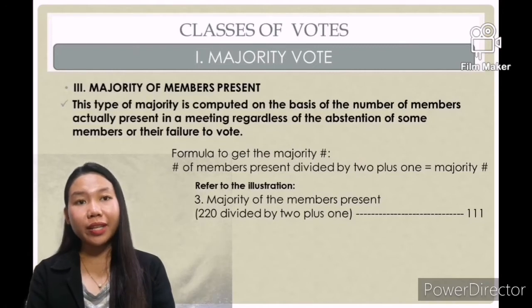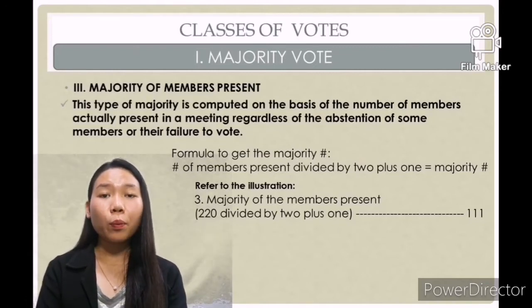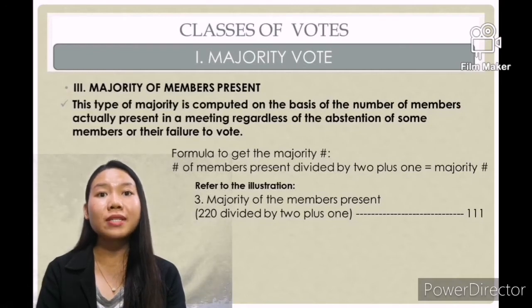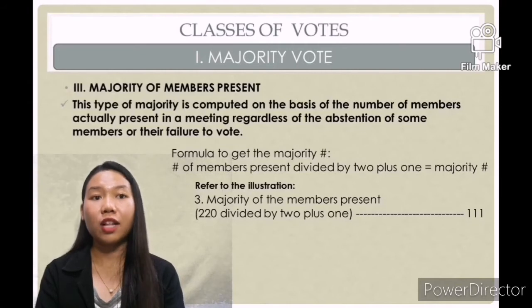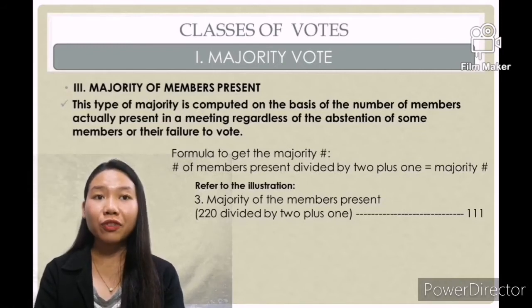The third type of majority vote is the majority of members present. This type of majority is computed on the basis of the number of members actually present in a meeting, regardless of the abstention of some members or their failure to vote. So to get the majority number, it is the number of members present divided by 2 plus 1. The number of members present is used, not the number of votes, because as the definition says, it is the number of members actually present.